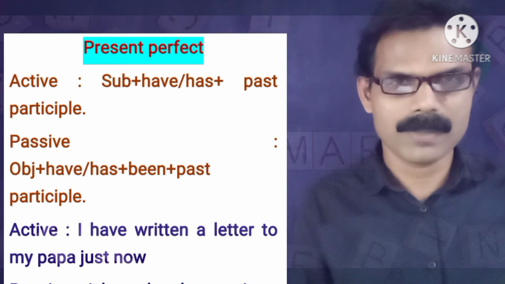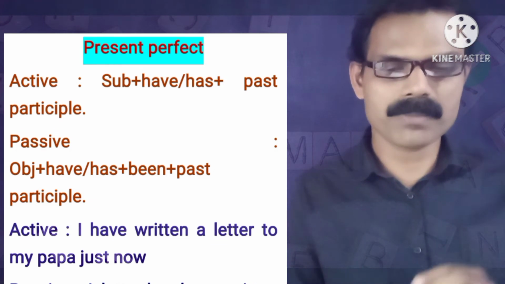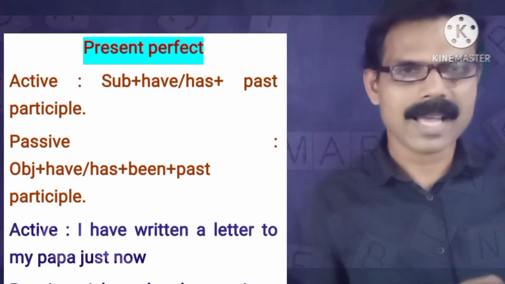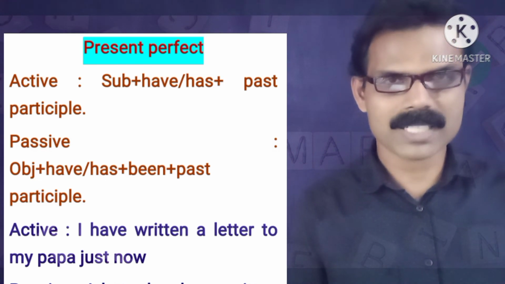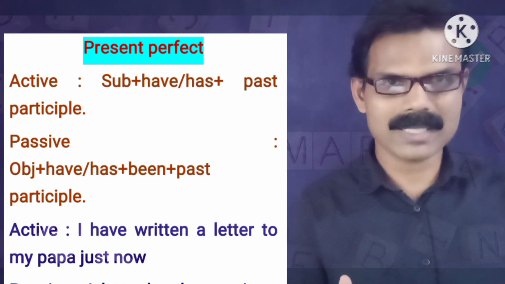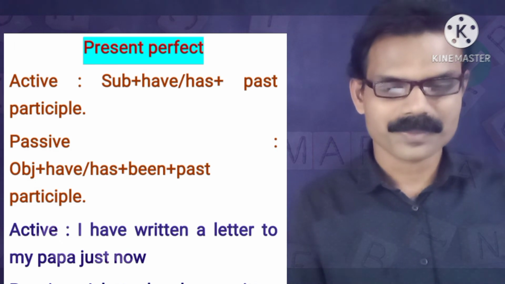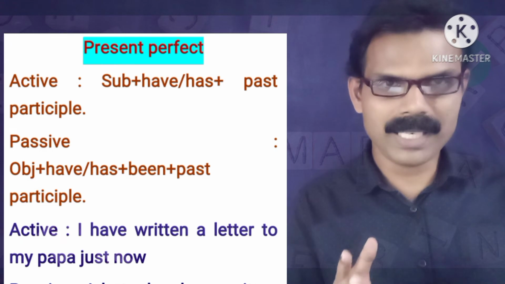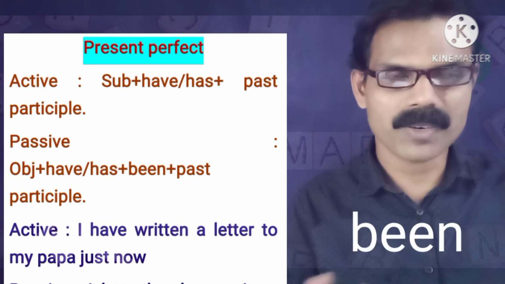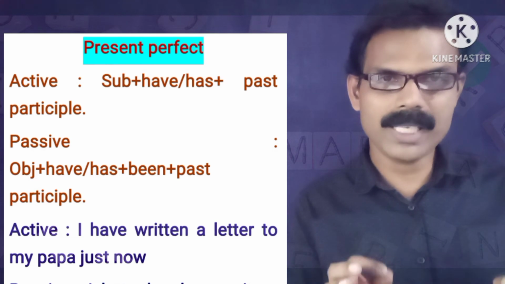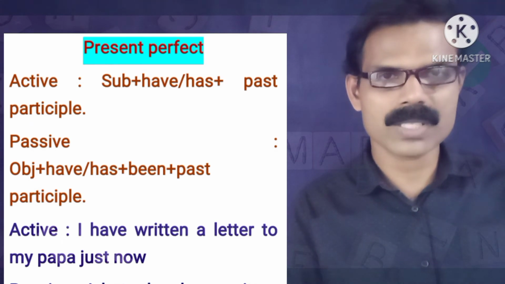Present perfect, passive, object becomes subject, so object plus have or has plus been plus past participle, right? Okay, there is a been added to show that the action is perfect, just like being in continuous forms.